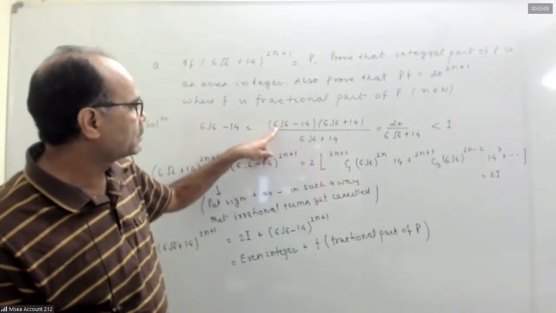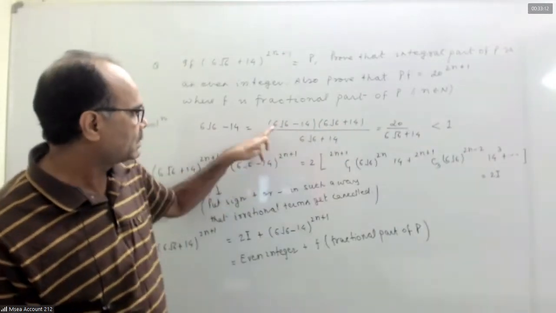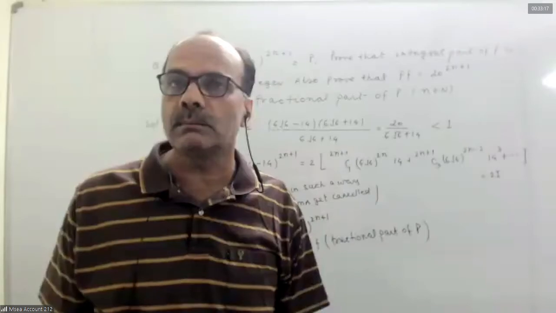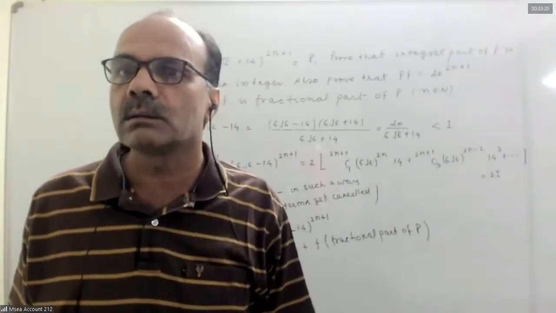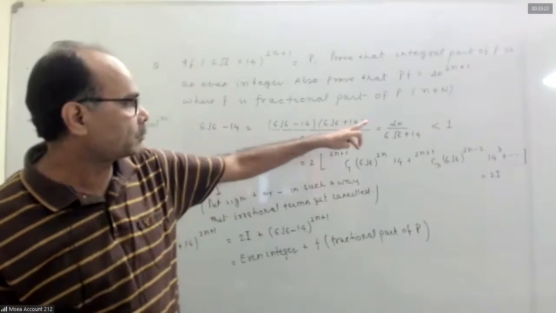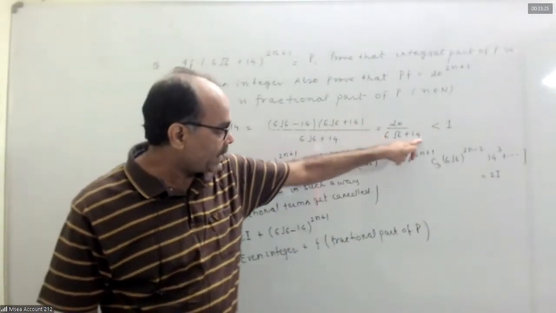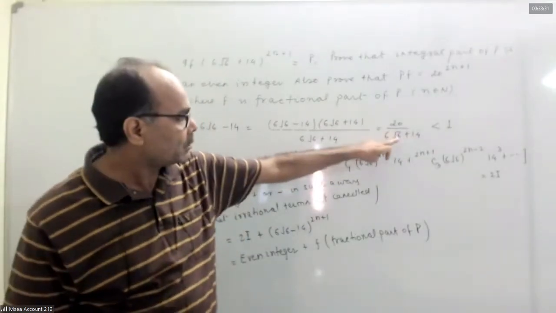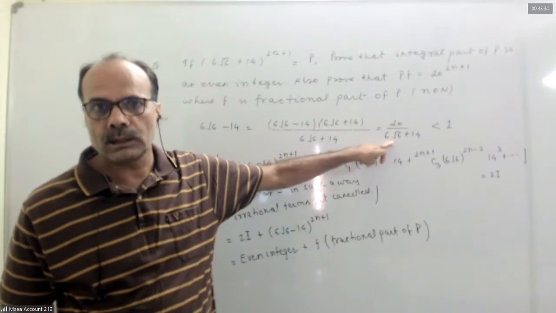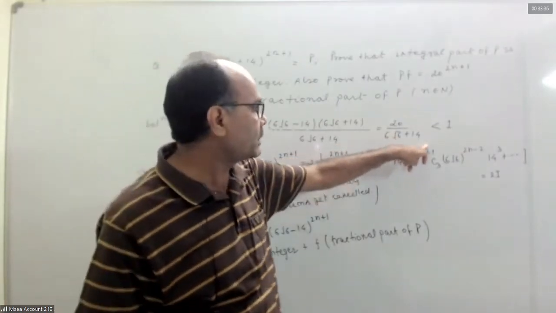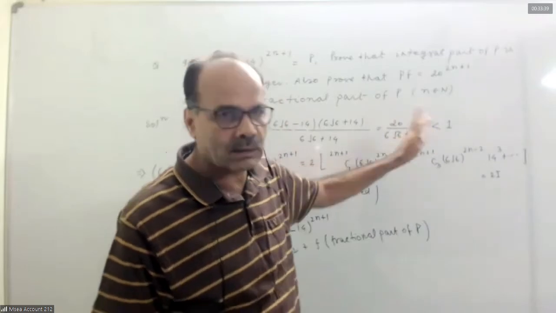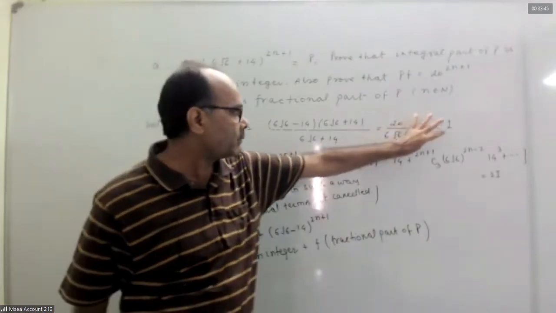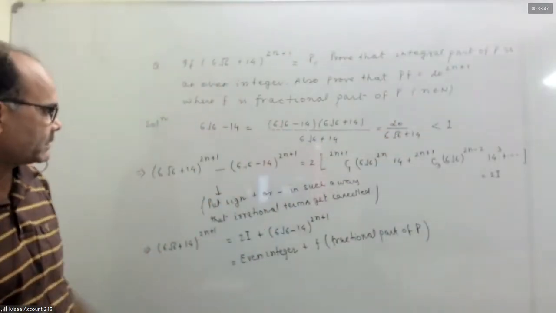So this will be 216 minus 196, a minus b into a plus b, a square minus b square. 216 minus 196, 14 into 14, that is 20. The denominator part is more than 20, since root 6 is 2 point something. So this real number is strictly less than 1, and of course it is positive. So till here we have proved that this number is a proper fraction.